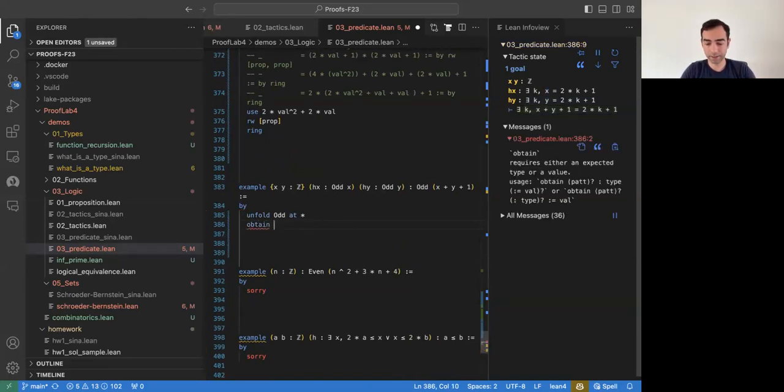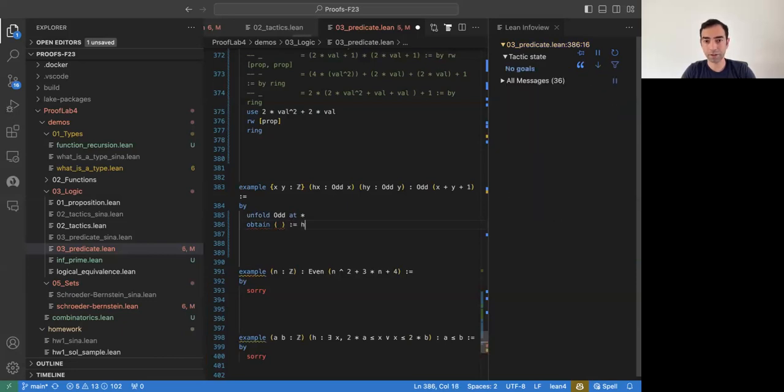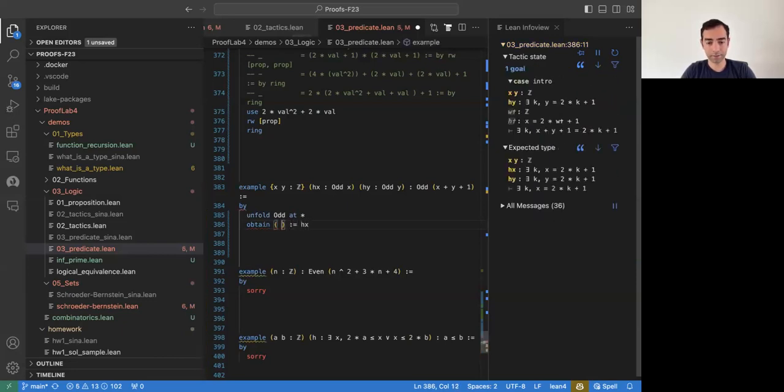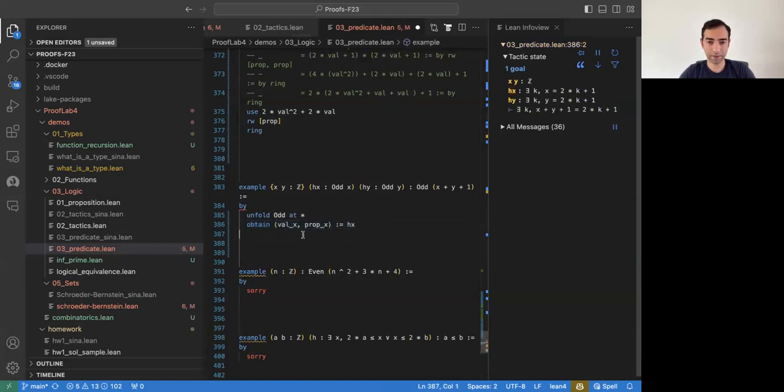So I would say obtain a pair, because there are 2 things. And this should be hx, right? And now we can give a value and property. So y will have a value and property, and to distinguish between them, I'm going to subscript this as x and for x, right? And copy the same for y.